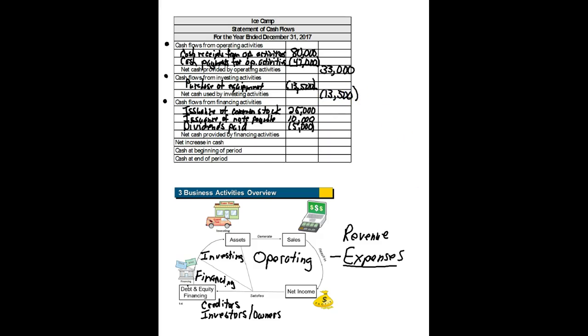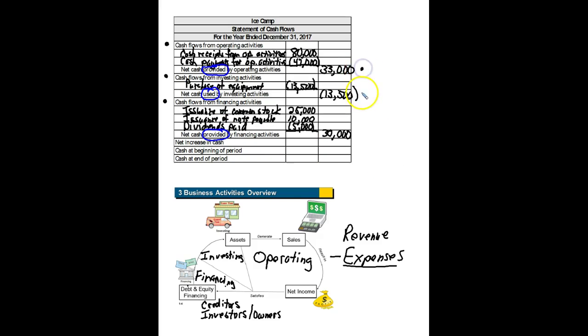I will point out, though, please notice when it was a positive number, the wording was cash provided by operating activities, and when it was a negative cash flow, it's the using of cash. And then the financing activities, 25 plus 10 minus 5 gives us a positive $30,000. So that gives us cash provided by financing activities to be $30,000.